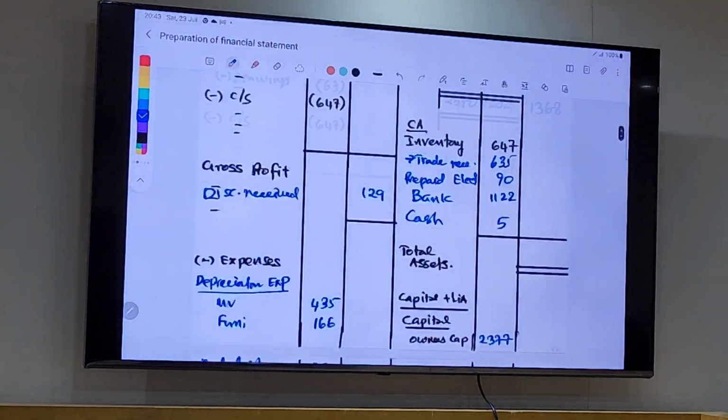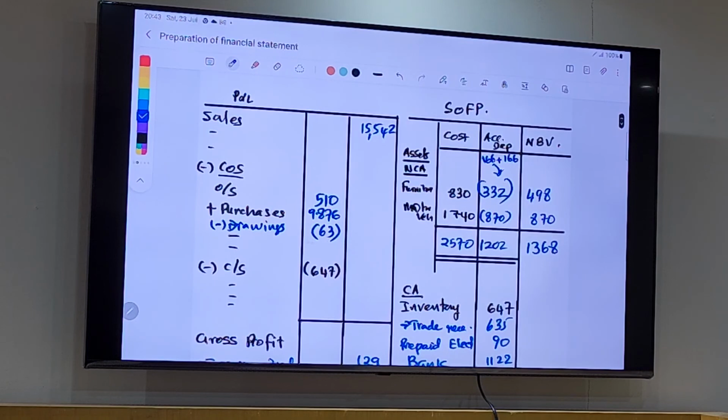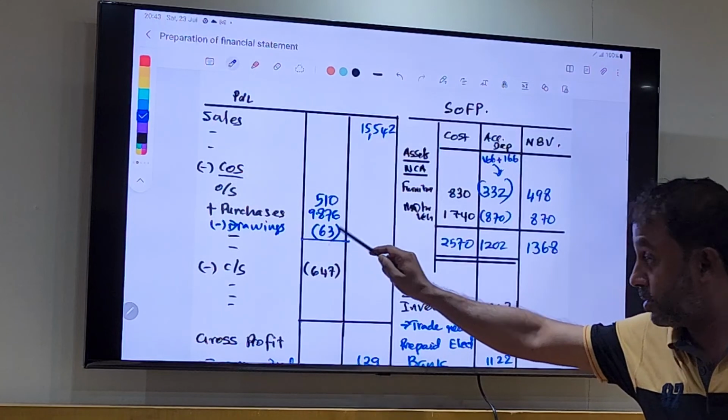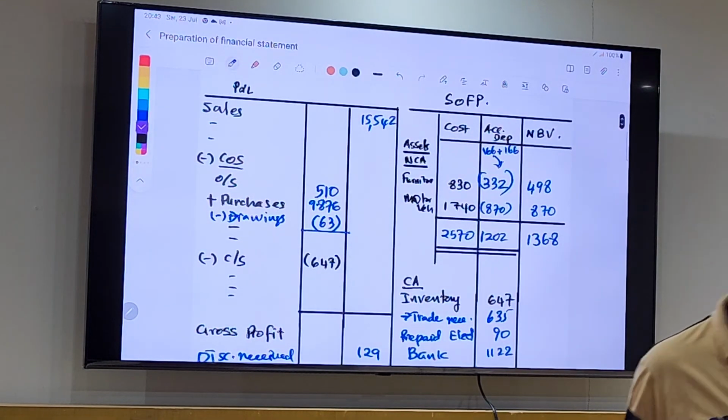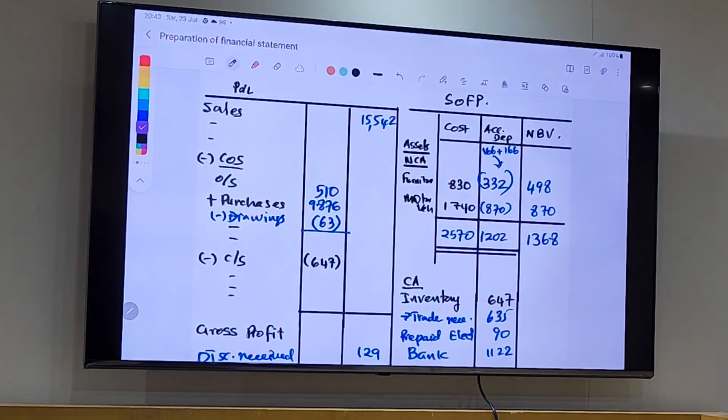So now we take the calculator. Can you please tell me the answer for this? The total of these three. 10,323. Then can you please subtract 647? 9676.